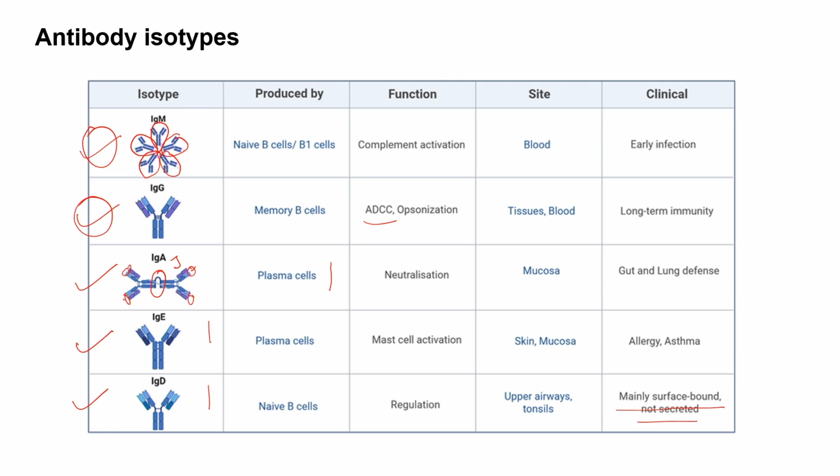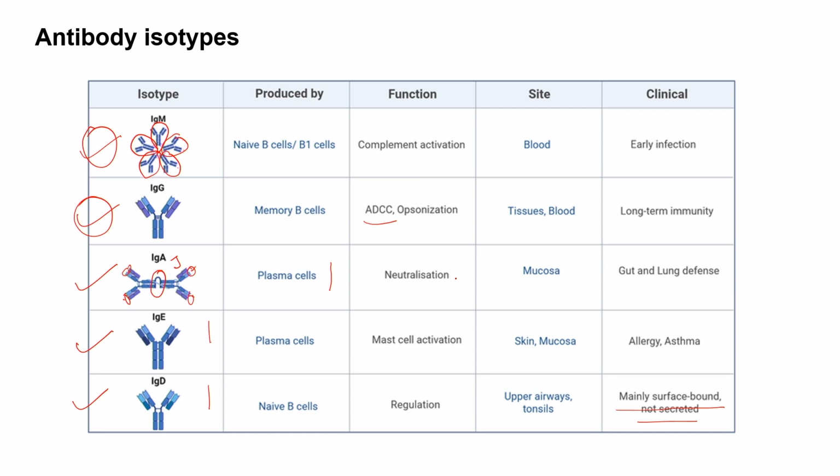Opsonization is a phenomenon where a protein can bind very specifically on the pathogen in order to help them in phagocytosis. So they can allow the engulfment of the specific pathogen by the phagocytic cell. So that's what is called opsonization. IgA is actually neutralization.